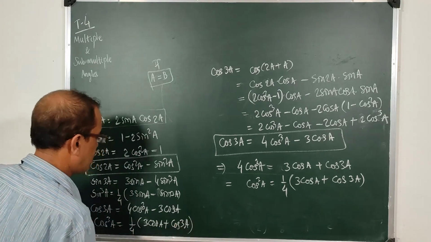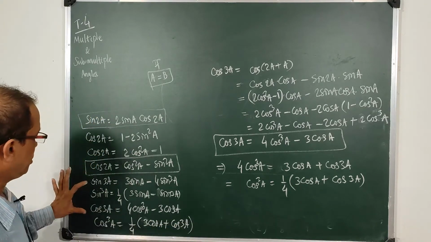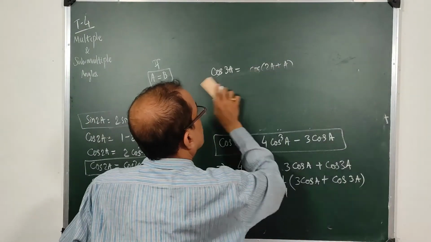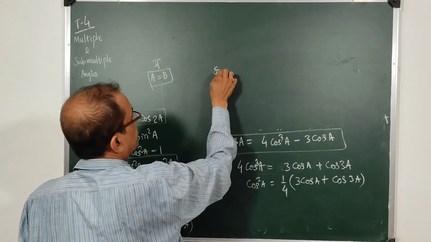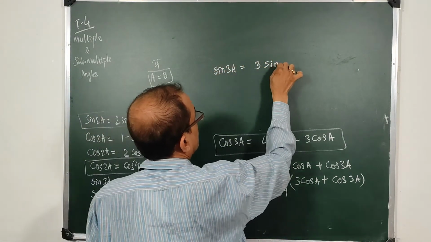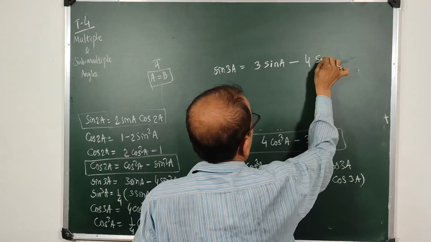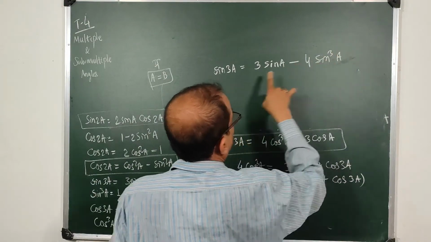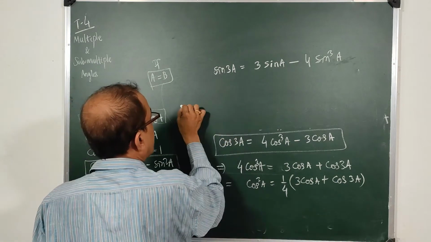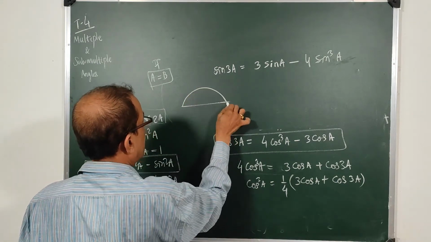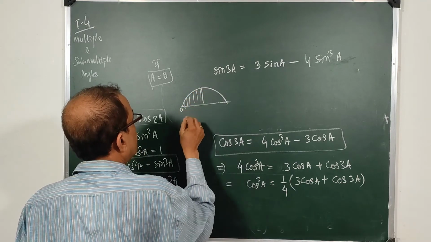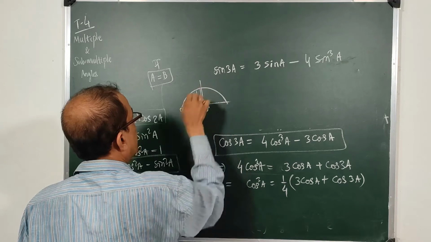So there is a difference in each formula between sine and cos. You have seen that in sine 3a we have 3 sine a minus 4 sine cube a. To remember this formula perfectly, I just give you a tip. The value of sine a generally gradually increases. At 0 degree it is 0, at 90 degree it is 1.